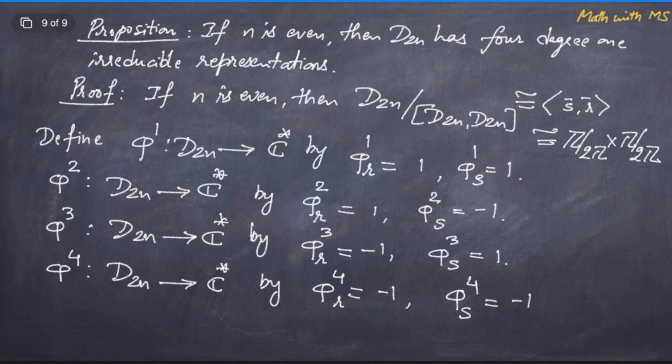Okay, if you write one copy of Z mod 2Z as generated by, say, generator A and the other generated by B, then there are 4 elements, right? 1, A, B and AB. Okay, and you just map them in this fashion, that is, the first one is map A to 1 and B to 1, and second is map A to 1 and B to minus 1, third is map A to minus 1 and B to 1, and fourth is map A and B both to minus 1, and then compose with the quotient map from D2N to D2N modulo its commutator subgroup.